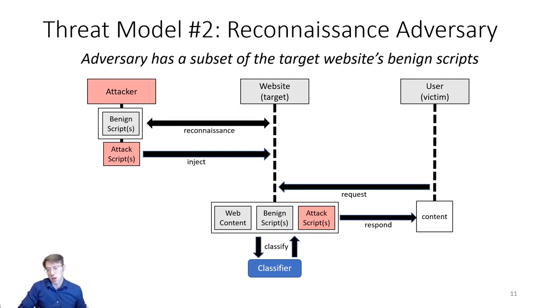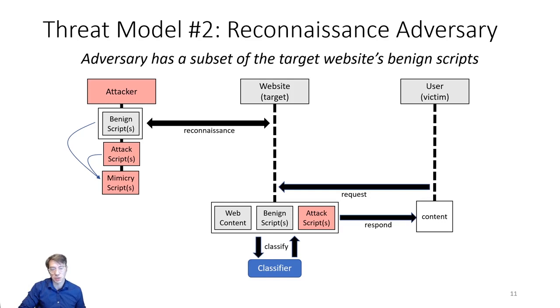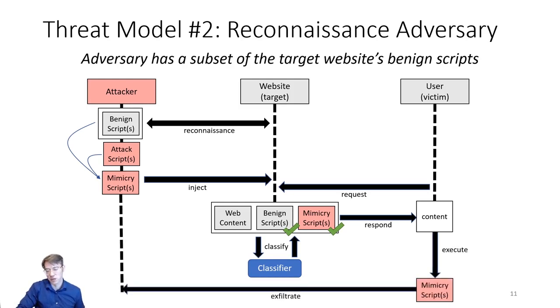They can then, instead of injecting the attack script, craft their mimicry script out of the benign scripts that they collect and the attack scripts that are their goal to inject. They then inject the mimicry script, which is then ultimately going to be passed to the user, and if the mimicry is successful, it will pass classification and re-enable the attack.